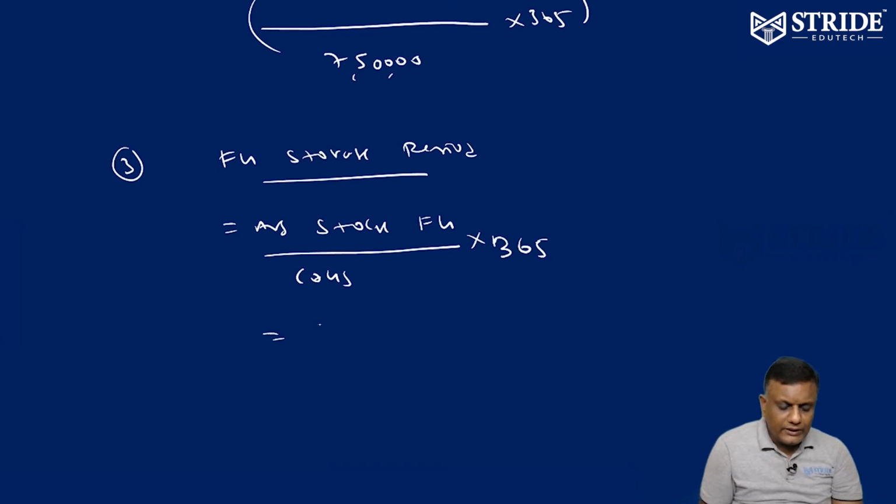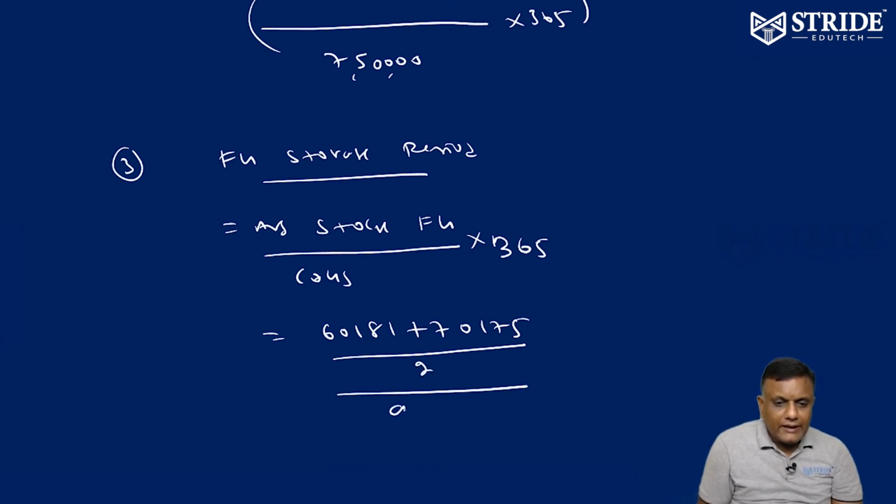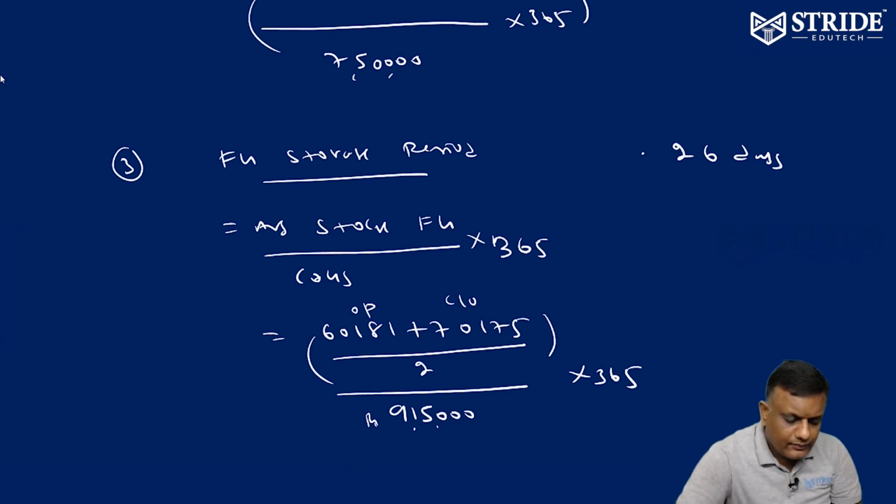Average stock of FG is opening FG 60,181 plus closing FG 70,175, divided by 2, by COGS 9,15,000, into 365. You will be getting an answer of 26 days.